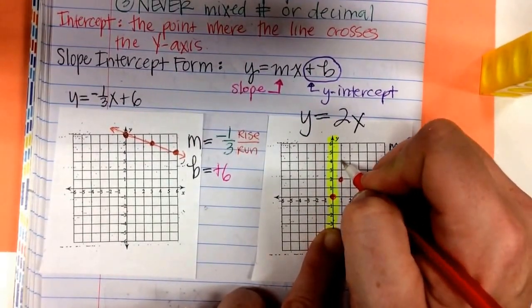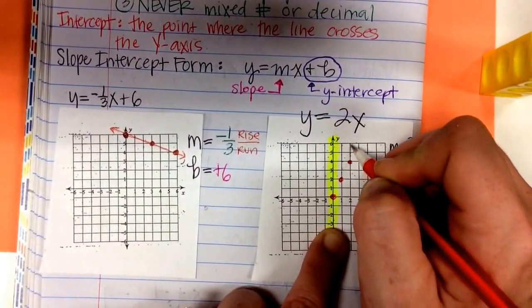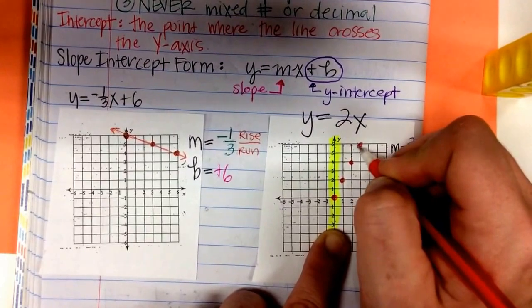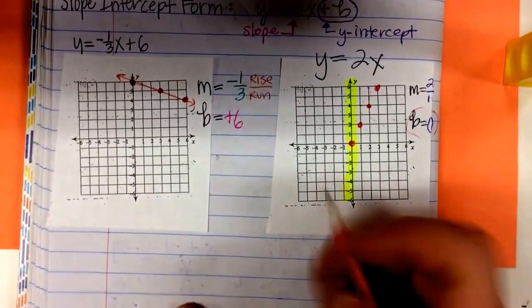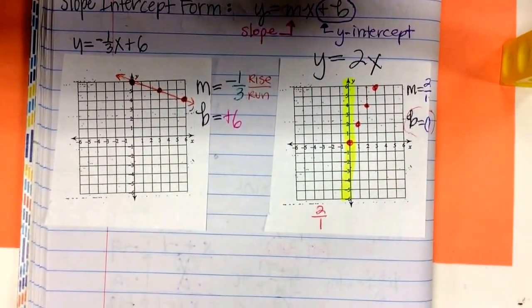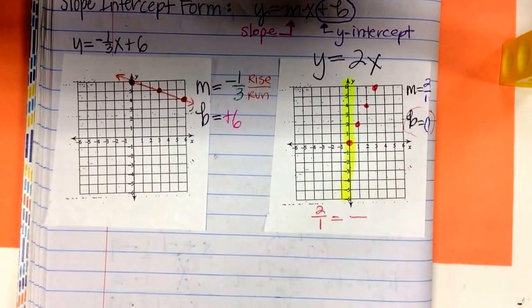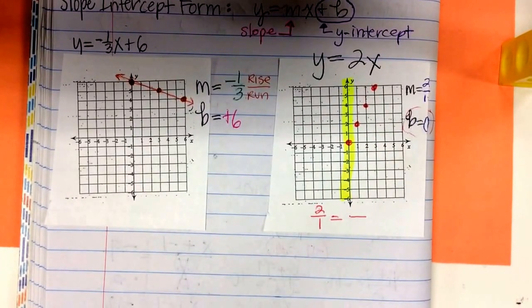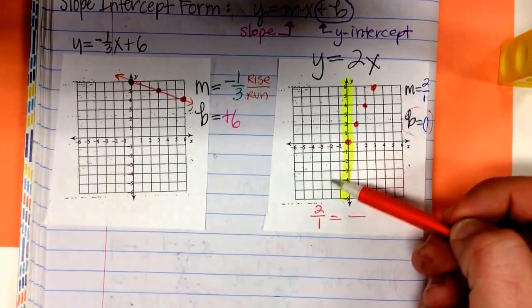I like to do my slope as many times as it fits, because the more dots you have, the straighter your line is. Can anyone think of an equivalent fraction to 2 over 1? What's the exact same? Corbin? 4 over 2, but that doesn't get me down here. How do I get down here?